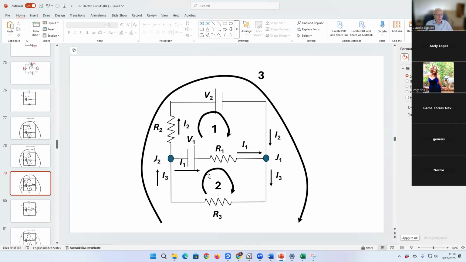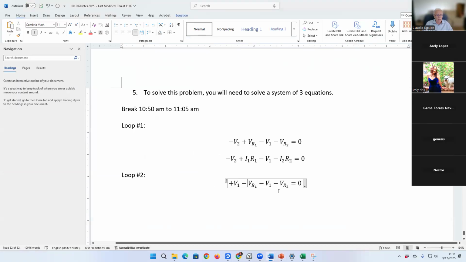You see, for loop number 2, we are going in a direction opposite in this branch. Loop number 1 goes from the right to the left, but loop number 2 goes from the left to the right. So it's going to be the negative of what we got for those two elements for loop number 1. But we are going to flow through this resistor R3, in the direction of the flow of the current, so it's going to be minus VR3.